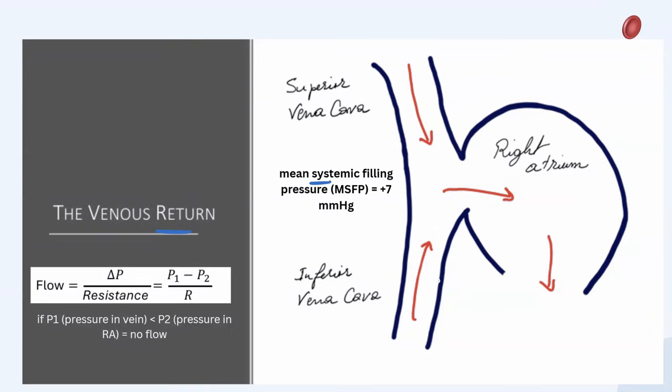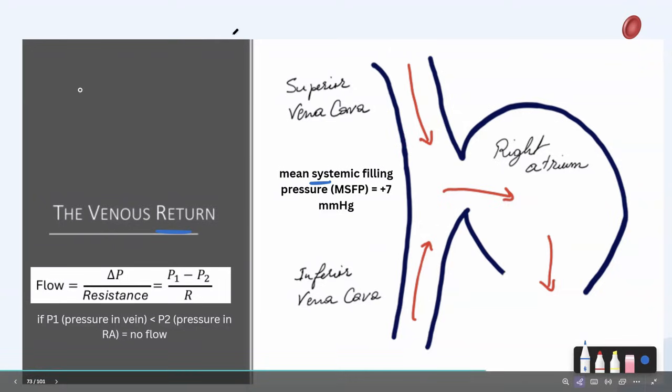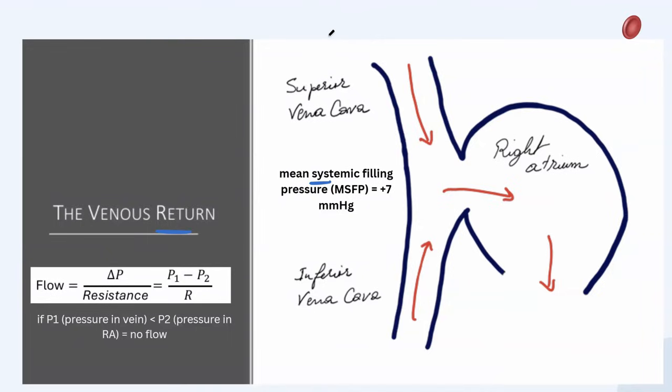That filling pressure of the blood is called the mean systemic filling pressure. Or you can look at it from another perspective. When the heart pumps the blood out, you have blood pressure 120 over 80, systolic over diastolic. This blood pressure is going to travel all across your body, and at the end, the pressure is going to go down because it's traveled so much. The pressure is going to be lost.